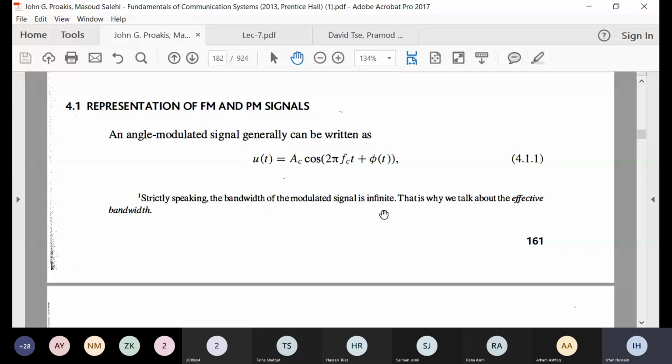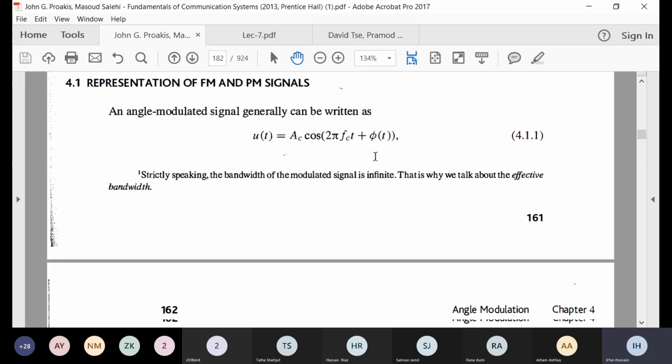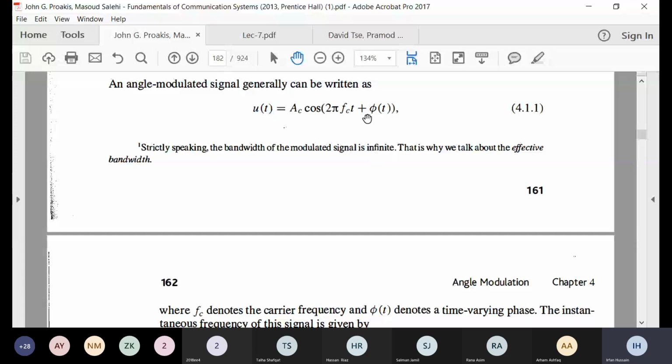angle modulated or FM and PM signals. So an angle modulated signal can be written as follows. You could see here there's a change in the phase.